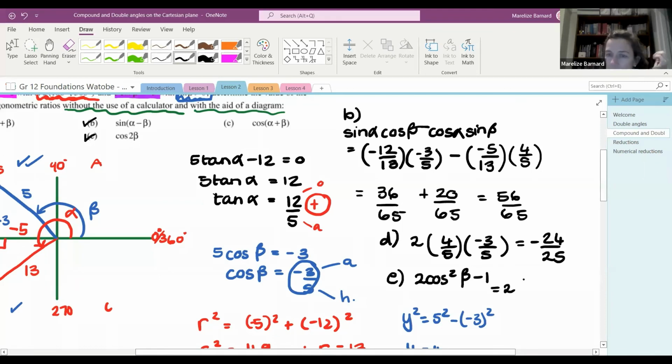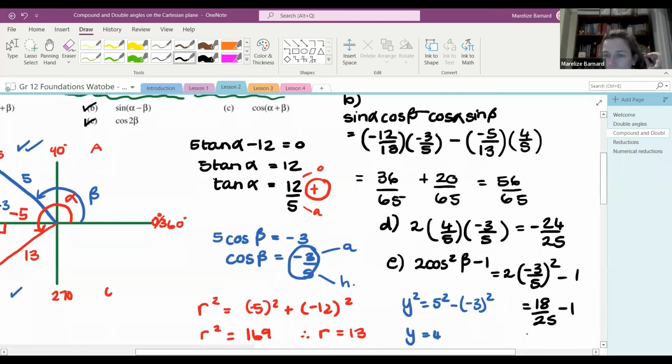Now just remember, when you're squaring a trig ratio, you just take the fraction, which for cos beta is minus 3 over 5. We're going to square it and subtract 1. That's going to simplify to 18 over 25 minus 1, and that gives me minus 7 over 25.